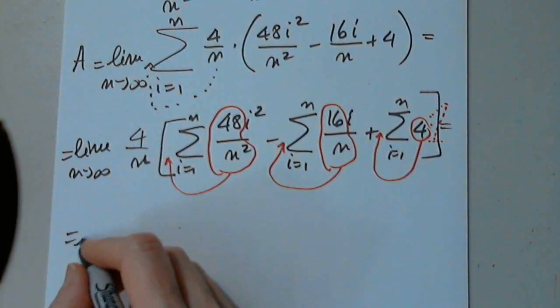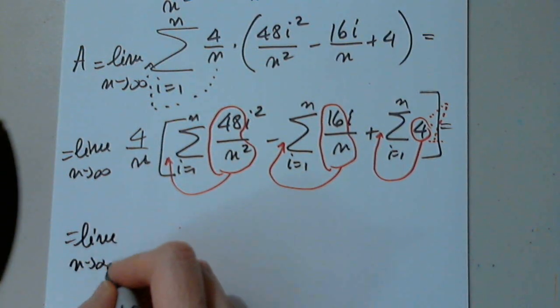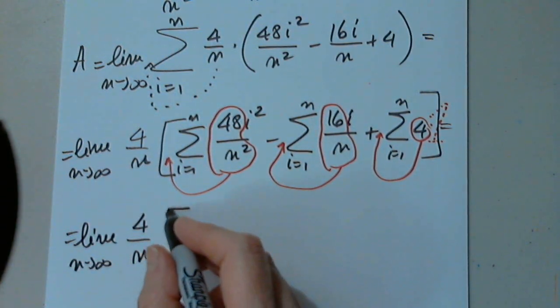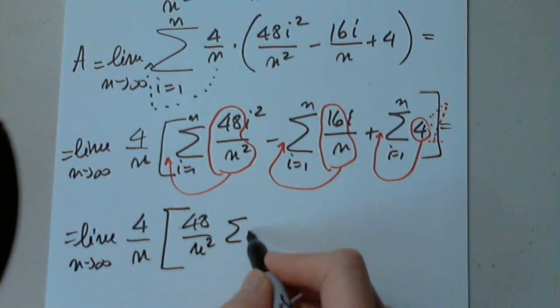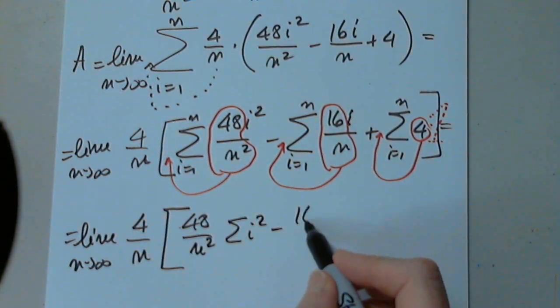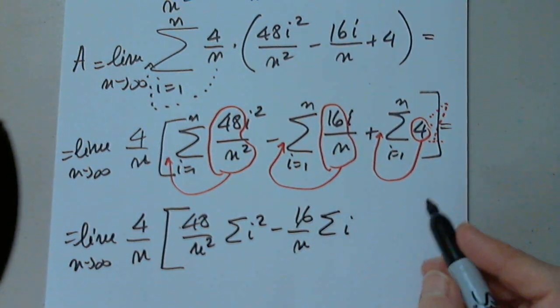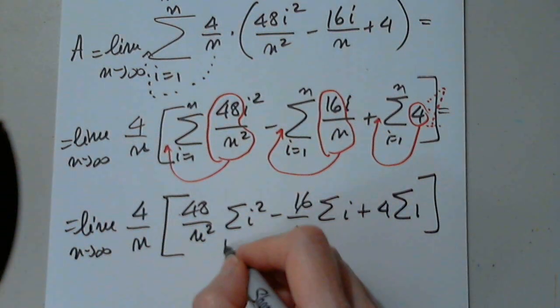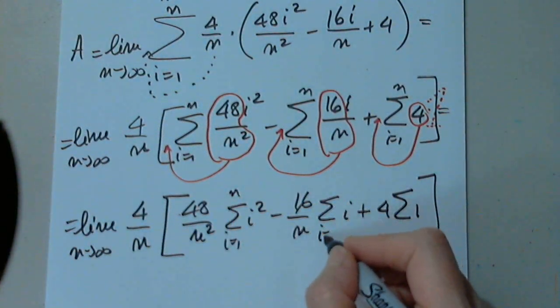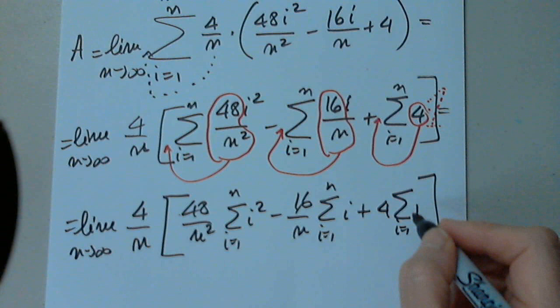So I copy: limit as n approaches infinity, 4 over n, 48 over n squared, the sum of i squared, minus 16 over n, the sum of i, plus 4, the sum of 1. Of course, from i equals 1 through n.